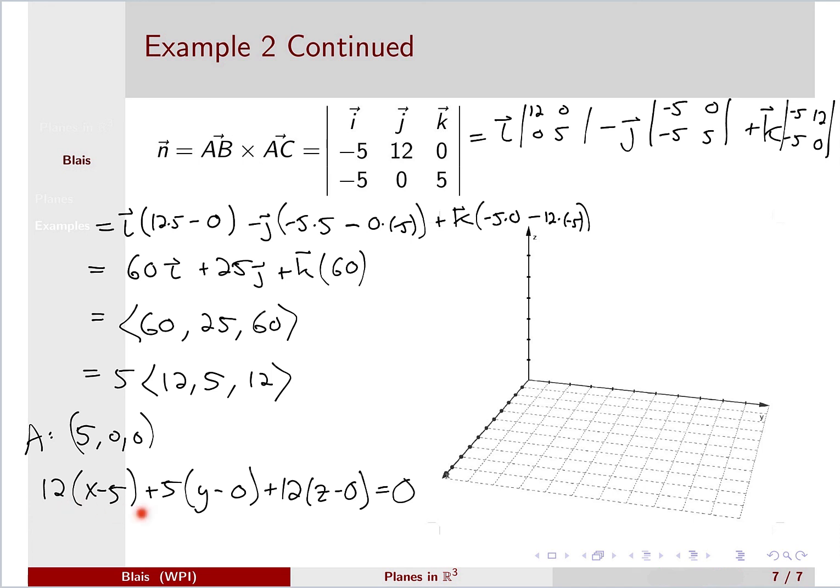And again, we're merely using these two values here, our normal vector n and our point A, and we're using them as the equation we derive dictates for the equation of our plane. And in this case, we would get 12x minus 60 plus 5y plus 12z equals 0 as the equation, an equation of our plane.